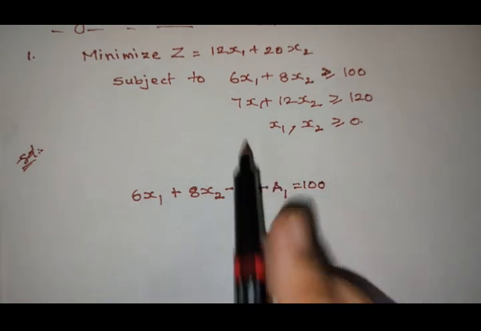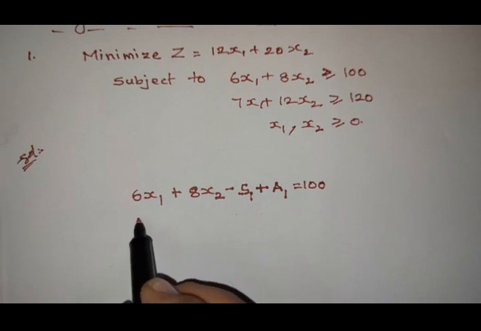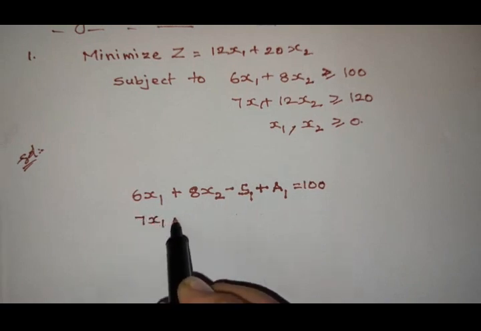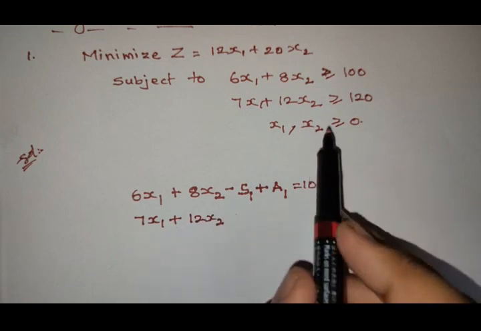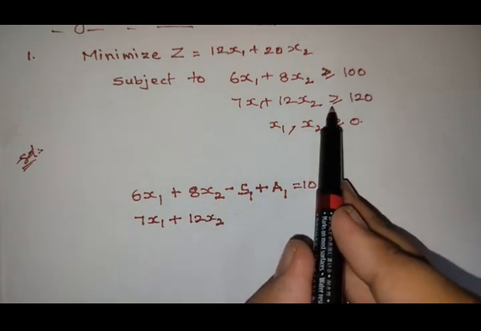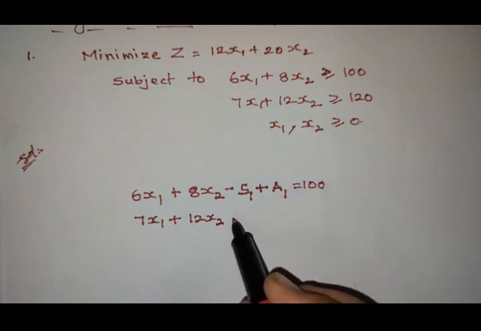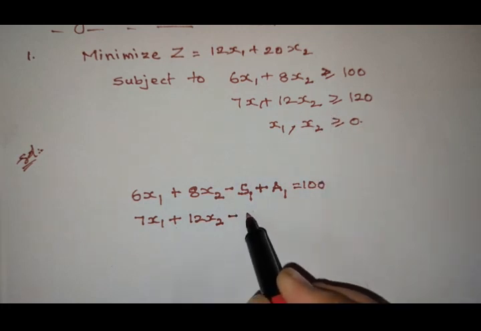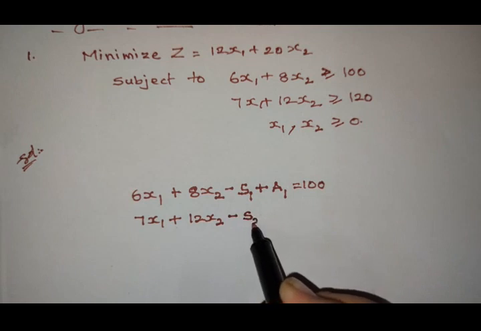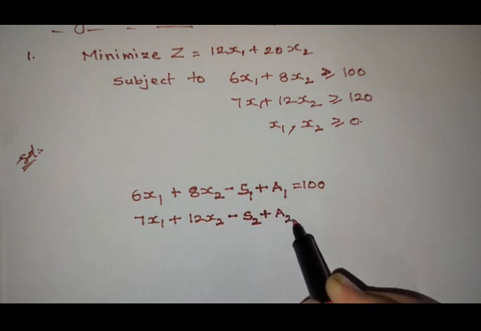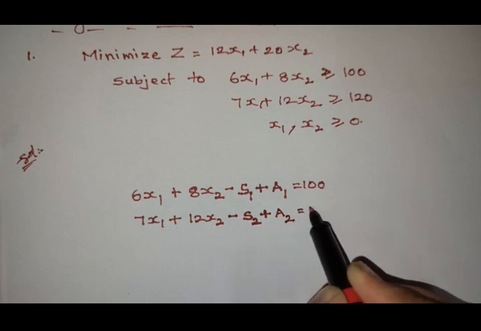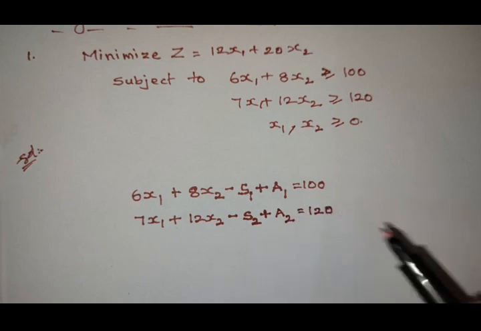Now let us see the second constraint. That is 7x1 plus 12x2, and again greater than or equals to type is there. So we are going to add a negative surplus variable minus s2 plus one artificial variable a2, equals 120.